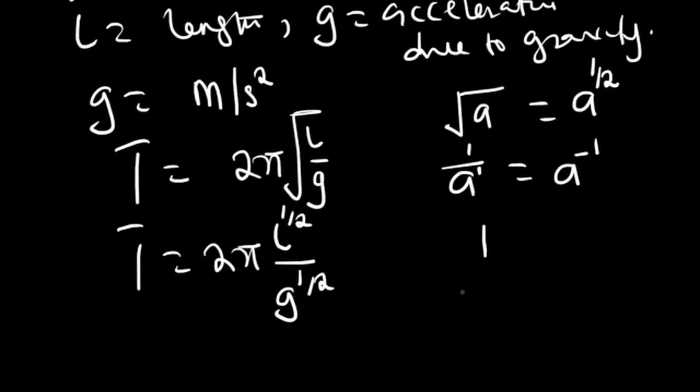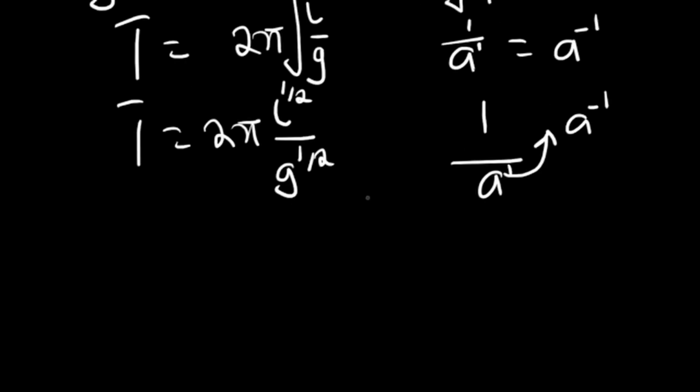So here is what is happening. If you have 1 over a to the power of 1, you can move it from the denominator to the top, and when you move it, this number, which is a positive down here, now becomes a negative. It now becomes a to the power negative 1. Let's also take another example. If you have 1 over a to the power 2, remember that down here the power is positive.